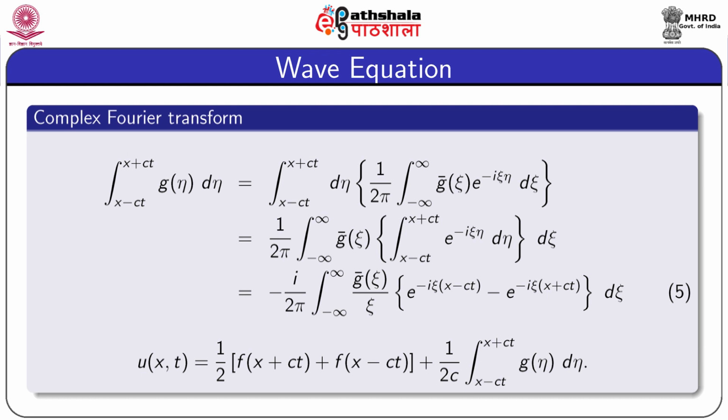So this equals 1/2π. Now we interchange the order of integration. So it is the integral from minus infinity to plus infinity of ḡ(ξ) times the integral from x − ct to x + ct of e^(−iξη) dη, dξ, and we can find the value of this integral, which is written here: (e^(−iξ(x−ct)) − e^(−iξ(x+ct)))/ξ.